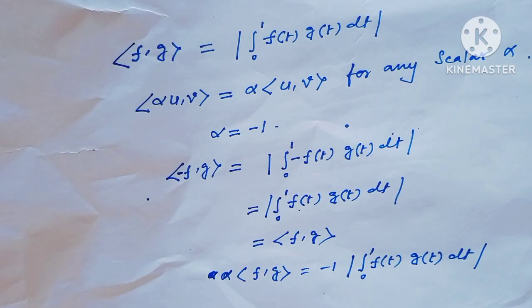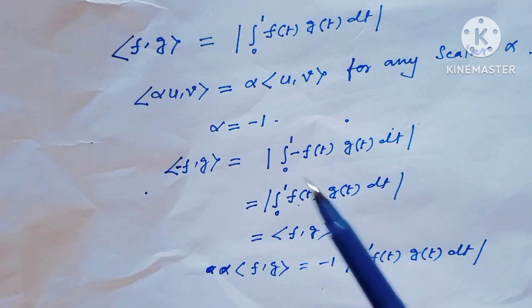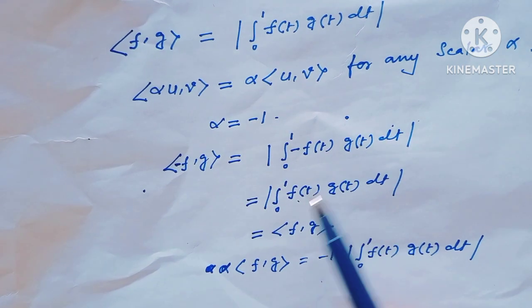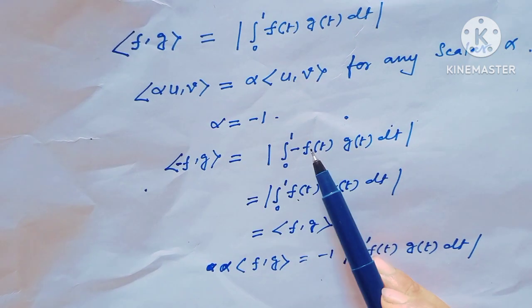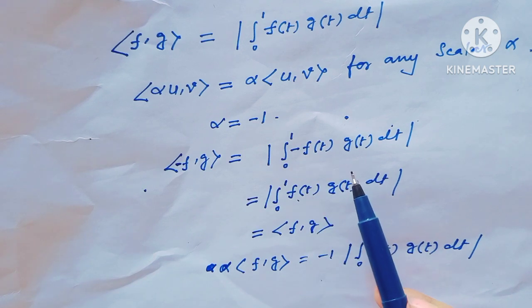For this, consider alpha equal to minus 1. Then inner product minus f comma g equal to modulus of integration 0 to 1 of minus f(t) g(t) dt. Since there is a mod term, the minus cancels from the integration, so this value would be positive.